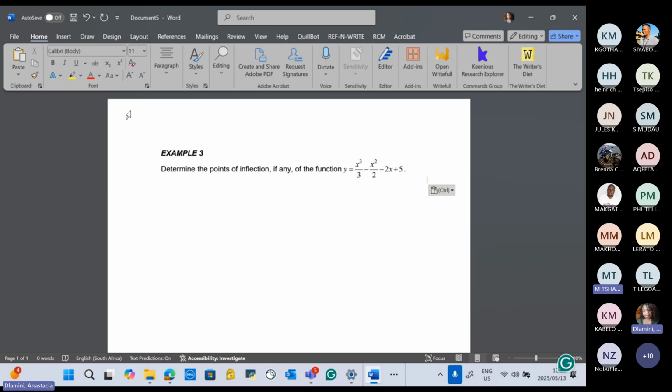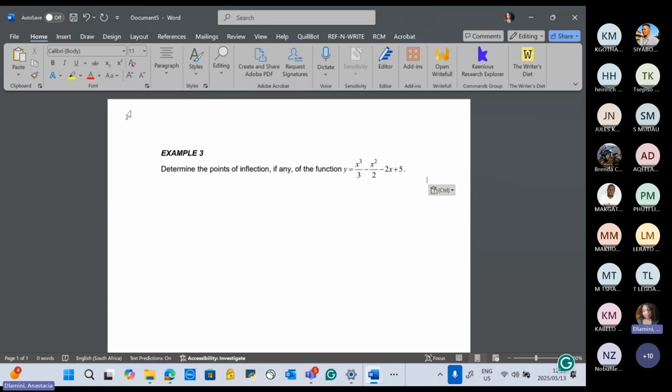Step one, let's do the shortcut. We can find the second derivative of the function, because the point of inflection works with the second derivative.